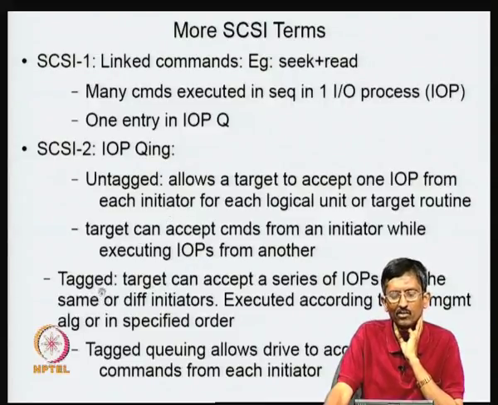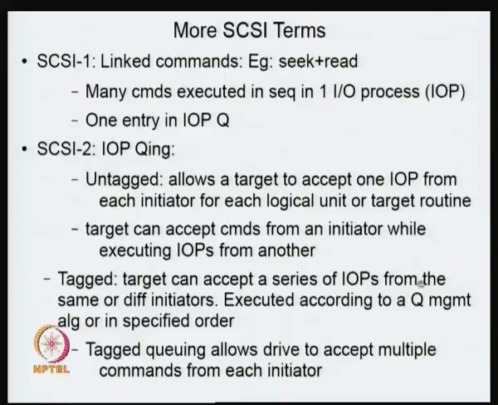For example, in the tagged case, it can accept a series of IOs from the same or different initiators. That means there is initiator 1 and initiator 2. Initiator 1 can send 5 or 6 requests. Initiator 2 can send 3 or 4 requests, or whatever number. The requests sent by initiator 1 or initiator 2 can again use an elevator algorithm, like what you saw before; this scheduling can also be done.